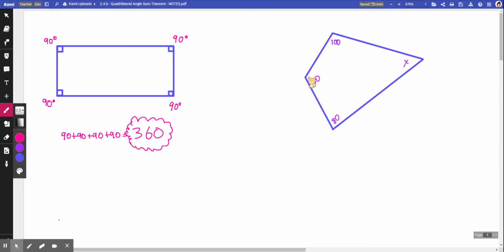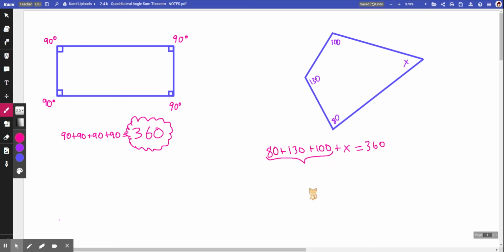So if you know 3 out of the 4 angles as numbers, it's really simple. You just add up the 3 you know plus x equals 360.